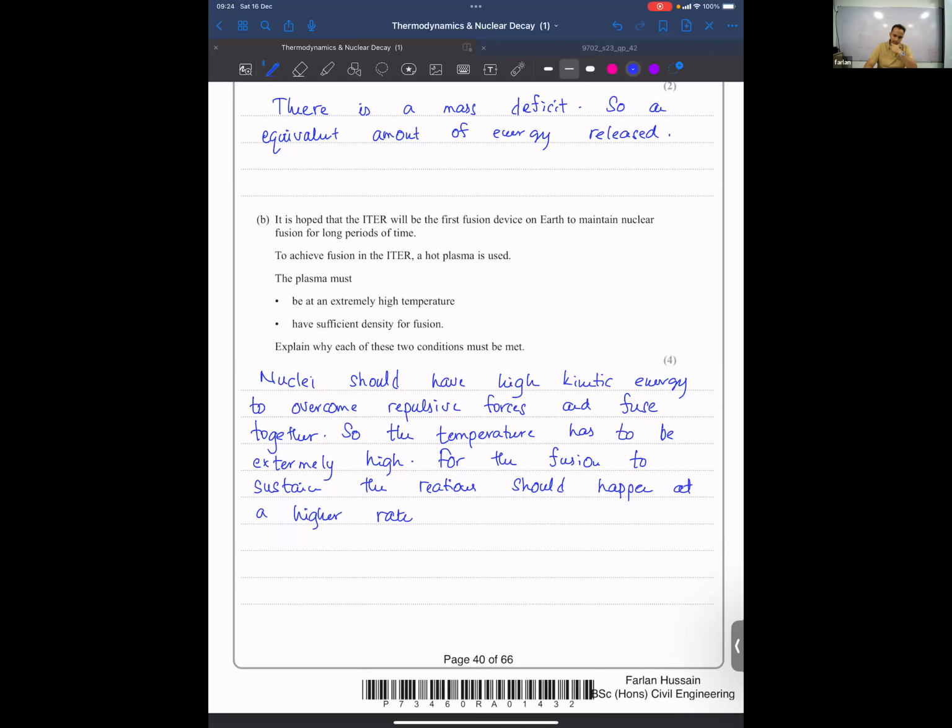For the fusion to sustain, reaction should happen at a higher rate. So the density of the nuclei should be high.